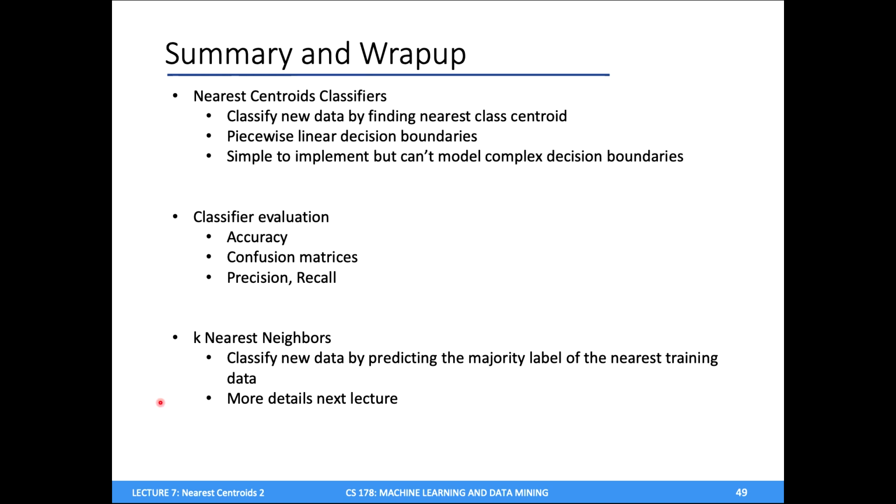And then lastly, we very briefly introduced this kNN algorithm, where the idea is to classify a new data point by predicting the majority label of the nearest training points in our data set. In the next lecture, we'll be focused a lot more on this kNN algorithm, going through some more of the details there. So thanks, guys.